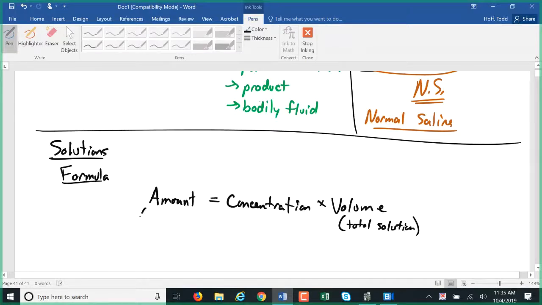That volume was the total solution. The amount was our active ingredient. In terms of what we're talking about in this unit, that would be the serum.